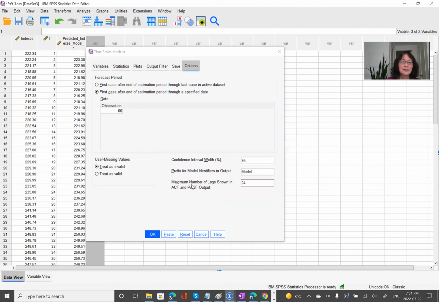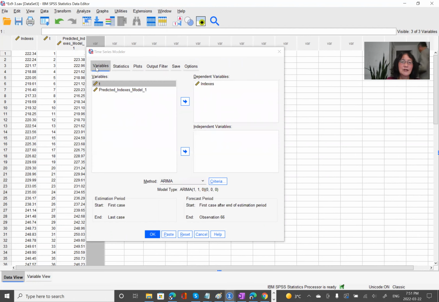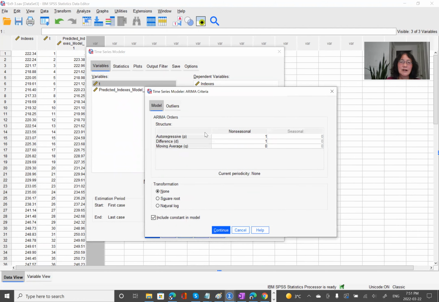Click the OK button. Variables. ARIMA criteria. This time I want to select 0, 1, then 1. Click Continue.